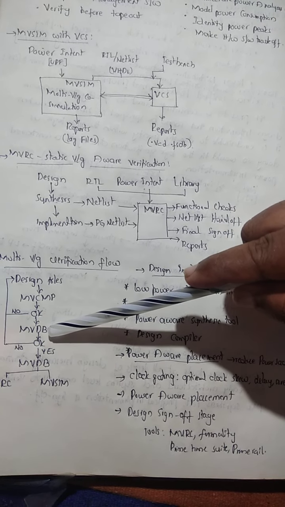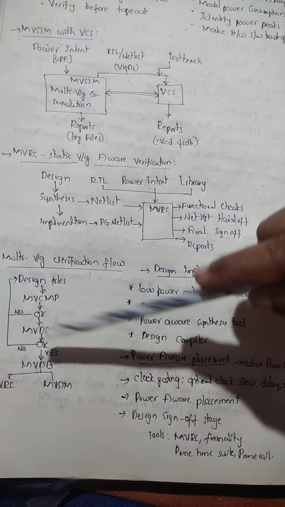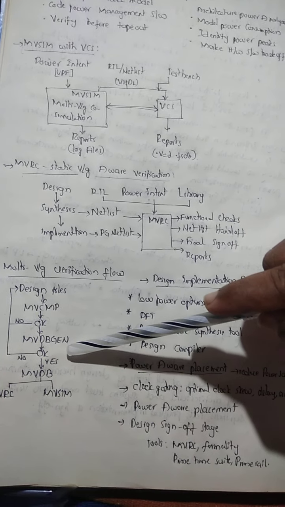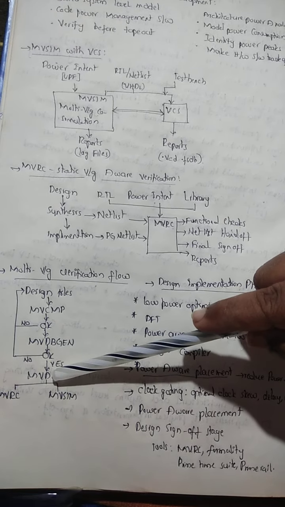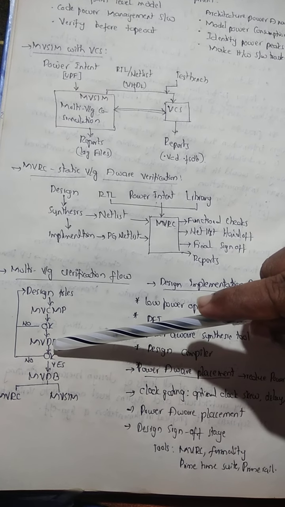What it does is read the binary design created by this MVCMP, elaborate the design, and create the database. The database is used by the MVSIM and MVRC.